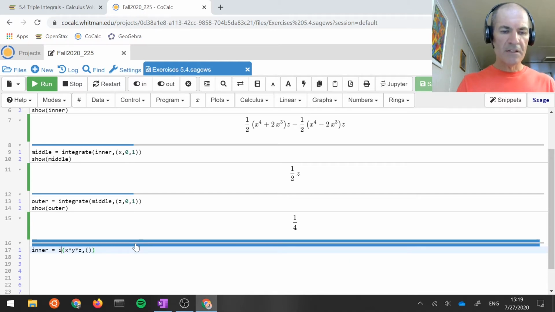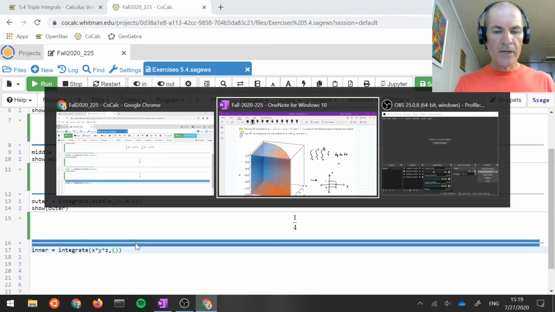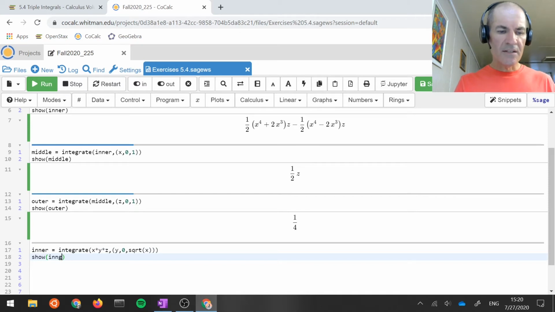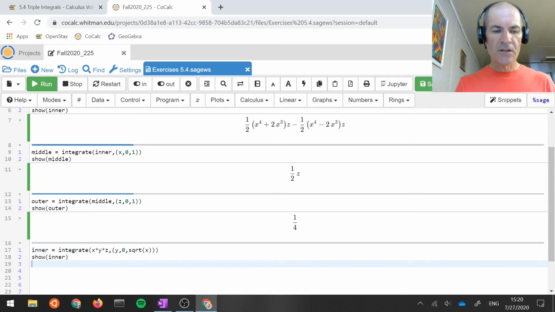Oops, I forgot my integrate command. We are first integrating with respect to y. The lower limit is 0 and the upper limit is the square root of x, like that. And then I'll show that result. It's not necessary that I show this result. I'm just giving you a practice here. And let's do all of this at once.